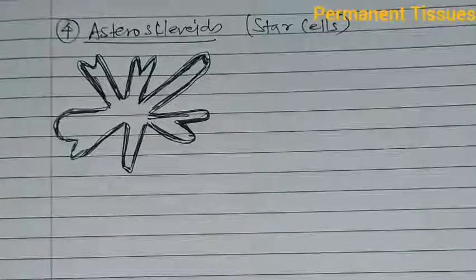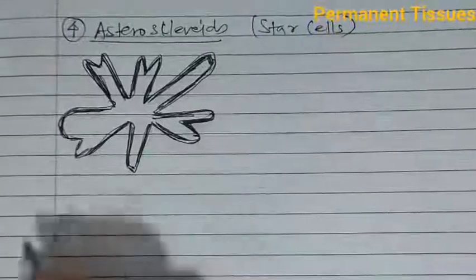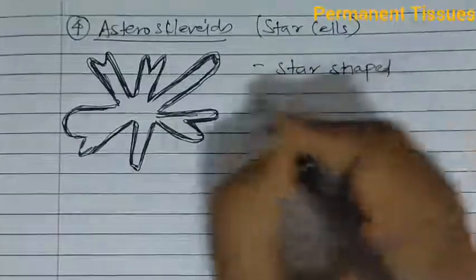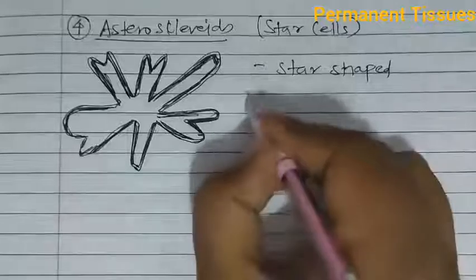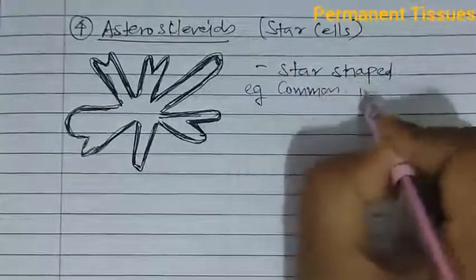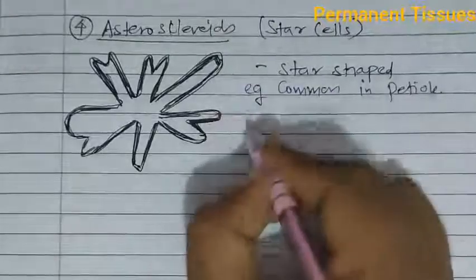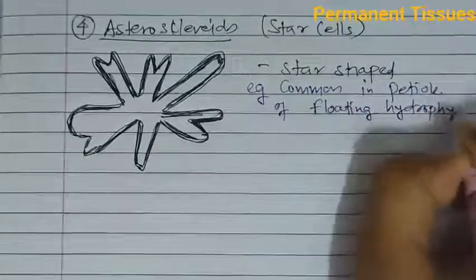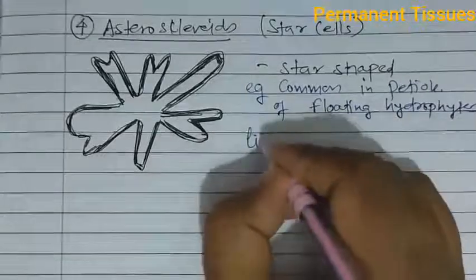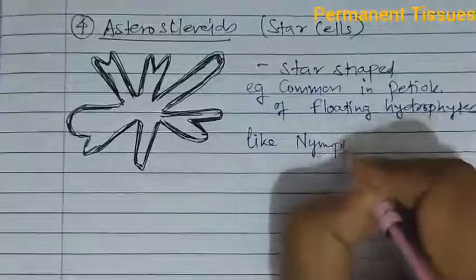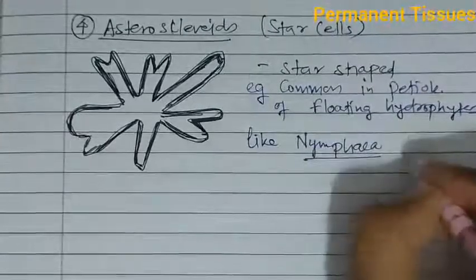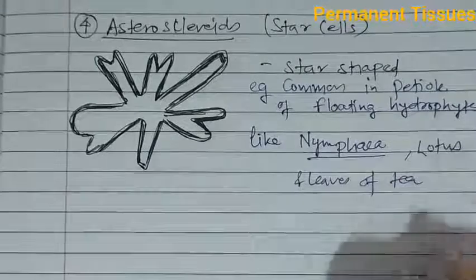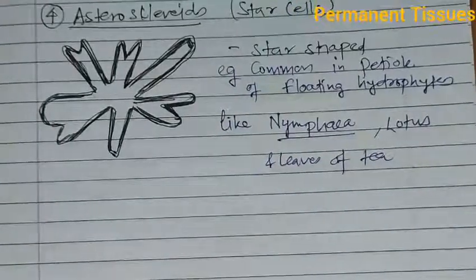They are star shaped, and are common in the petiole of floating hydrophytes like Nymphaea and lotus, and in leaves of tea.